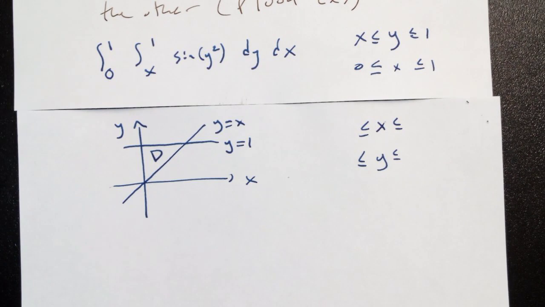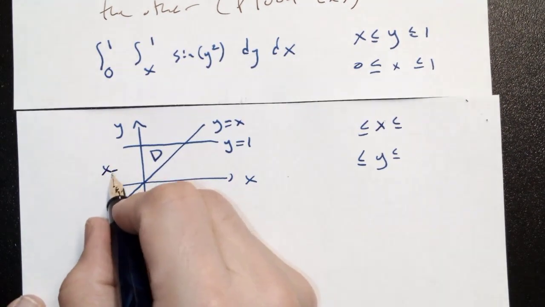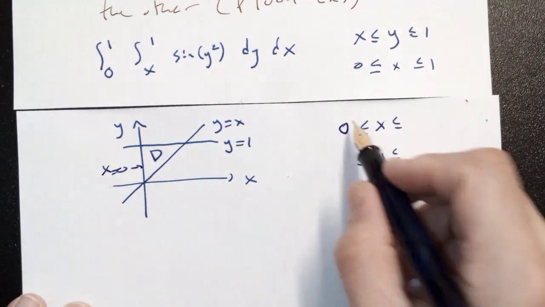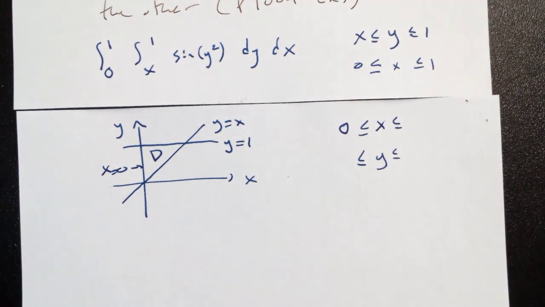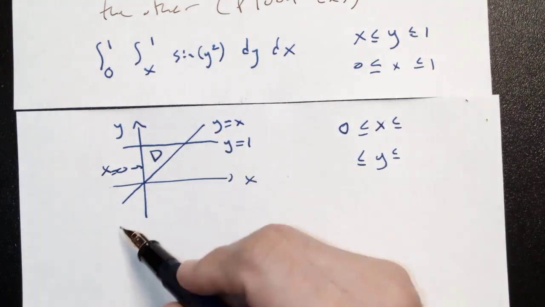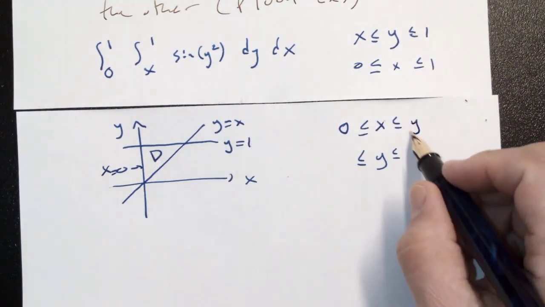Exactly, the y-axis, x equals 0. What's the right edge? That's this line. I have its equation right here solved for x.